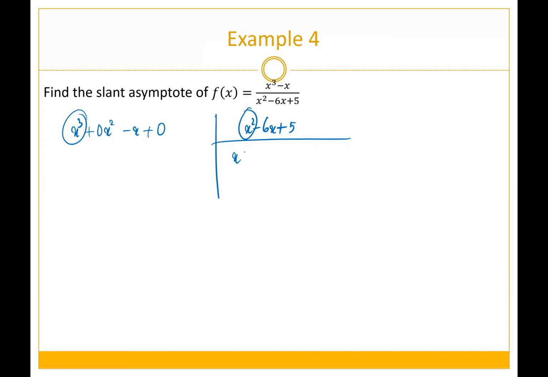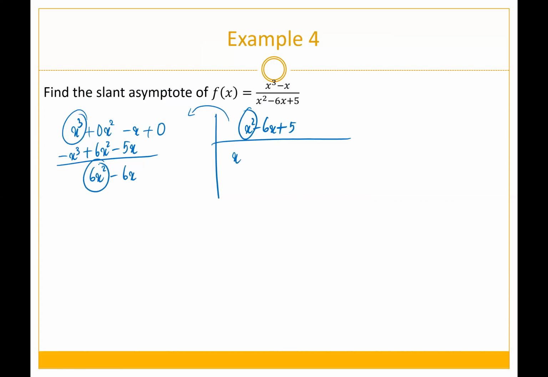After that, you multiply back to subtract and see what we have left to divide. x multiplied by x squared is x cubed, but when you go over here, you change the sign, negative x cubed. Then you do the same thing: negative 6x squared becomes plus 6x squared, plus 5x becomes negative 5x. So what we have left is 6x squared minus 6x.